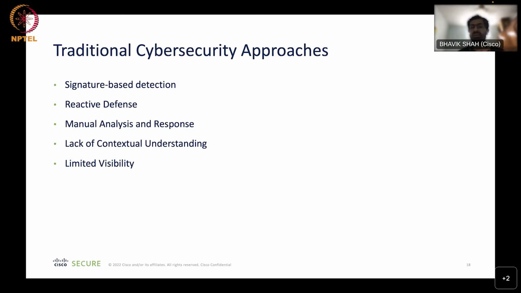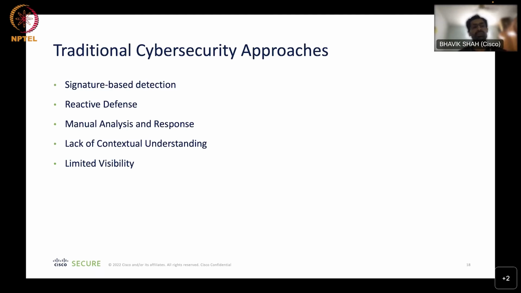The other problem is that most traditional cybersecurity approaches were reactive. When I say reactive, the problem happens, then you do the analysis and refine your defense mechanisms. For example, say a terrorist is trying to barge into your country and create havoc.